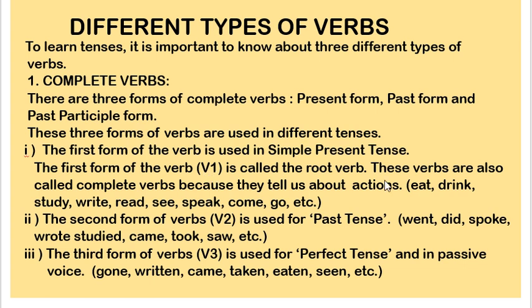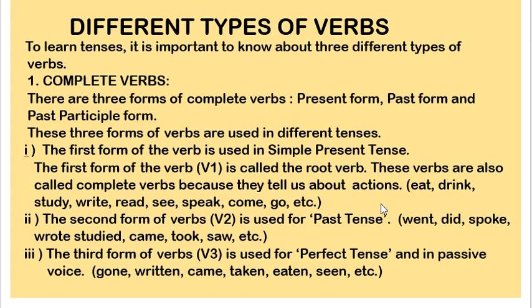This form of verb is also called complete verb. Now first form, second form and third form. All the different forms of verbs are helpful in understanding the tense which is being used. And unless we know the forms of the verbs, we cannot use the tenses.